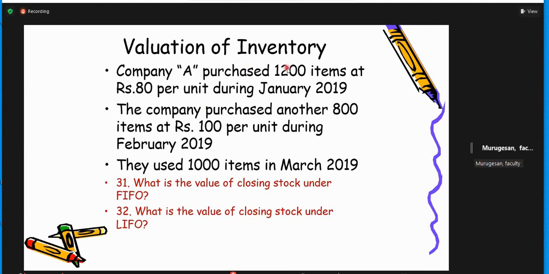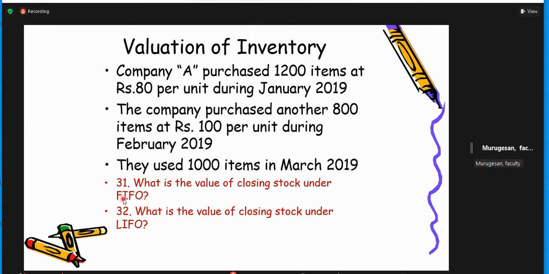FIFO means first in, first out: the oldest stock will be used first, then the new stock in the same chronological order. The stock will be utilized by the manufacturing unit in chronological order, so the oldest stock is used first in production. FIFO is actually ideal.